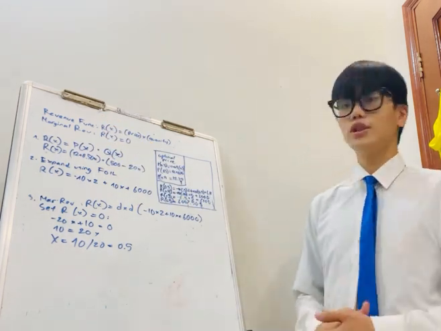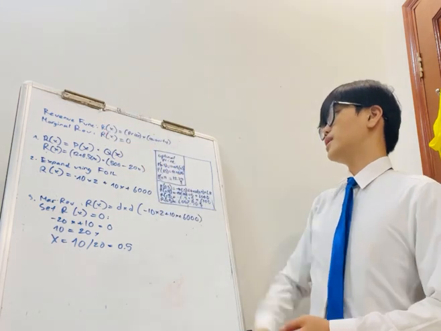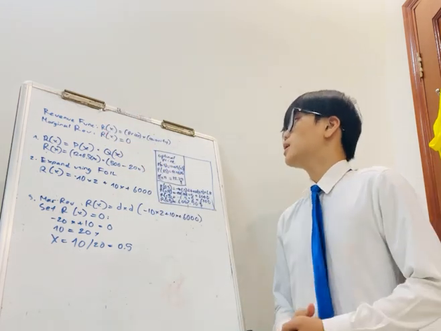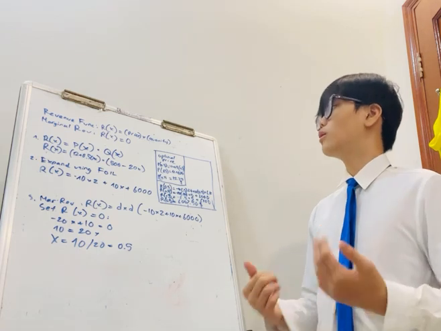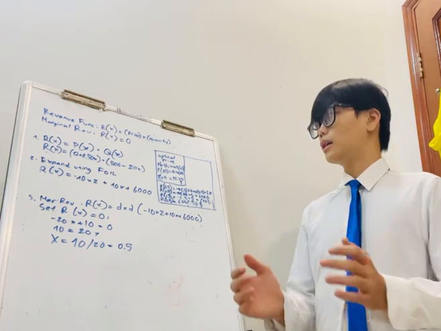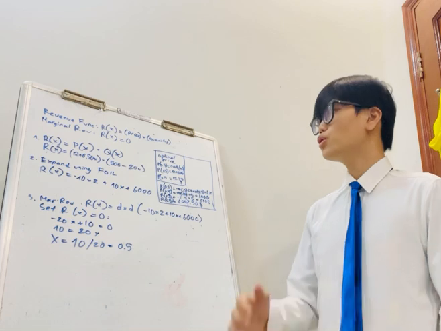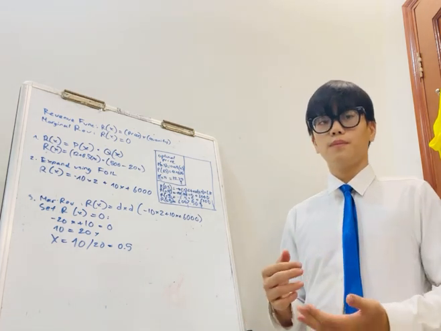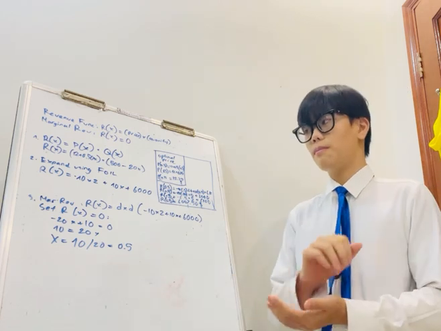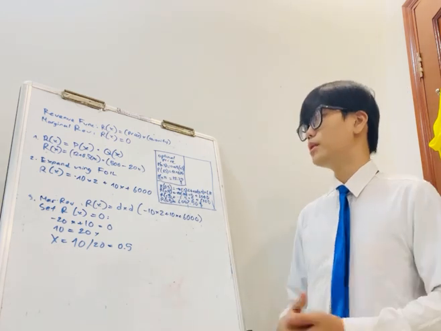The revenue function formula is R(x) equals price times quantity, while the marginal revenue R'(x) equals 0, because the marginal revenue needs to be set to 0 in order to calculate the maximum or minimum. It's the base for calculating the maximum and minimum.